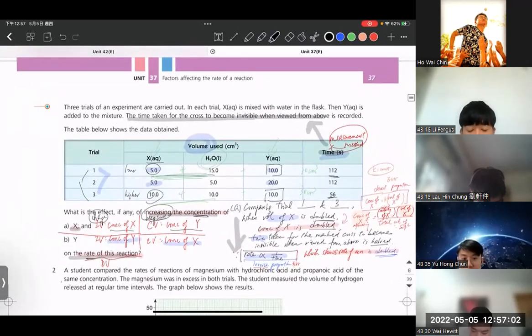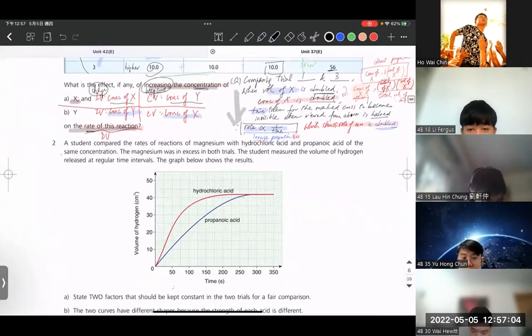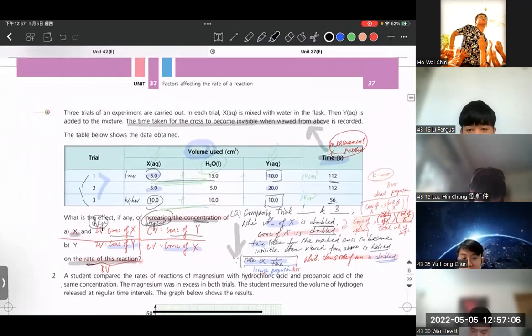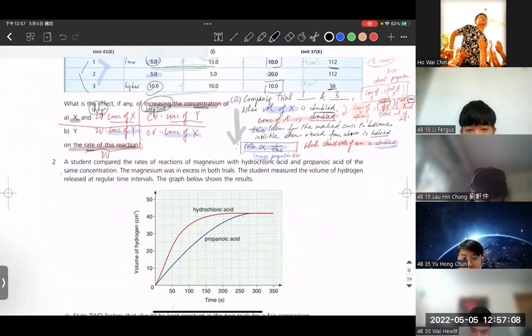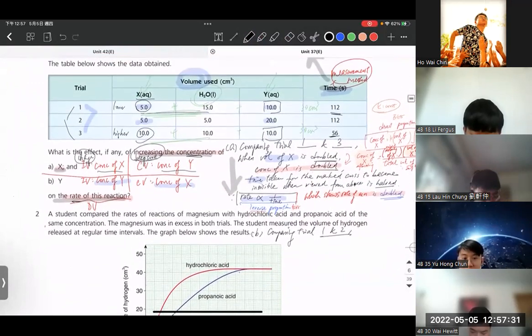So you are going to write down the B part here. All of you, please mark it down for B. And for the B part, what is changed? 1 and 2. Yes, you are going to compare 1 and 2. Okay.